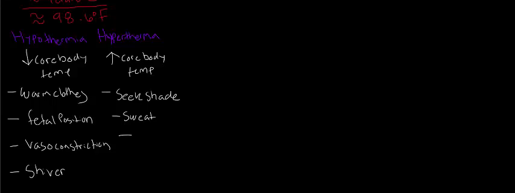And in this situation, we'll undergo vasodilation. And when we vasodilate the vessels, it allows the blood to flow near the surface and heat is lost. And when you lose heat, you cool the body.